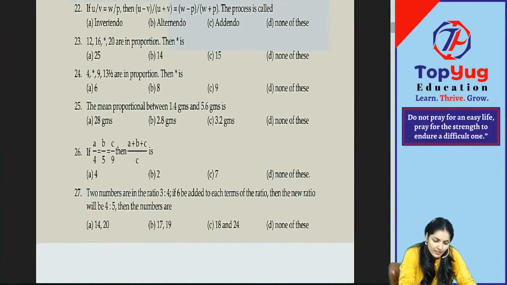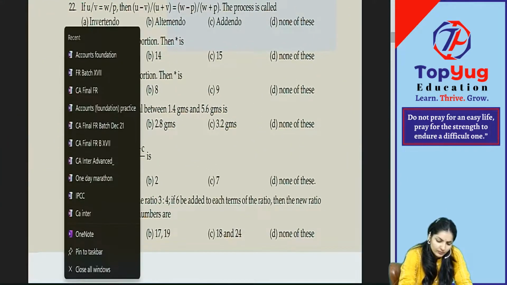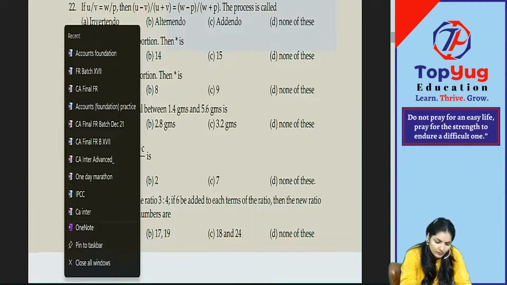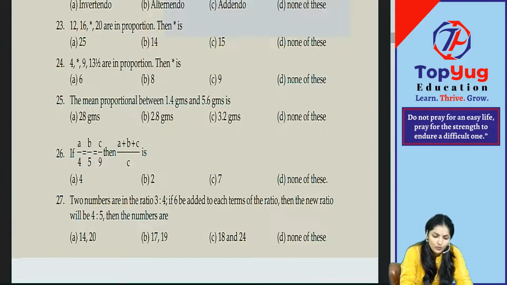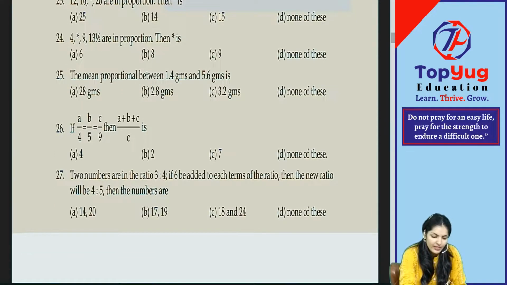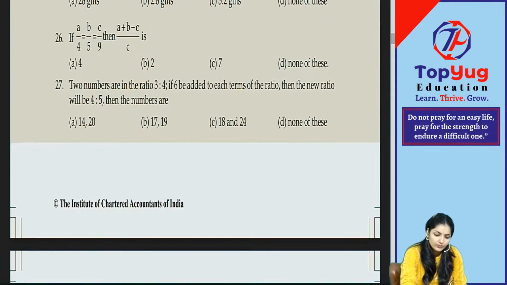So which one are we in? 26 answer is 2. You have to just substitute it. 27th. Two numbers are in the ratio 3:4. So that is case 1. And then case 2 is you have to add 6 to each and every number and check the ratio again. It has to be 4:5. So that will become your case 2.